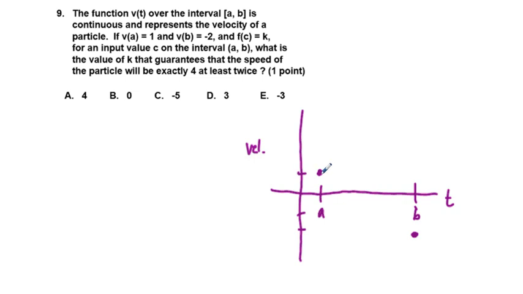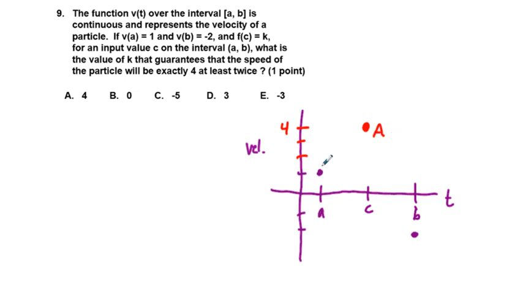What we have to do is get from a to b, and we're asking, what is the value of k that guarantees the speed of the particle will be exactly 4 at least twice? So we say value of c right here, and we're going to draw in these values of k from the answer choices. Answer choice A is right up here where velocity equals 4.